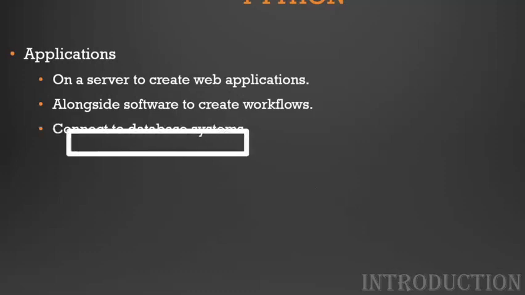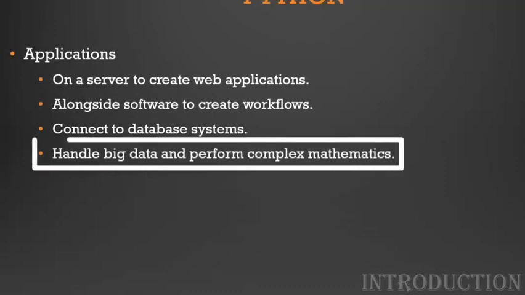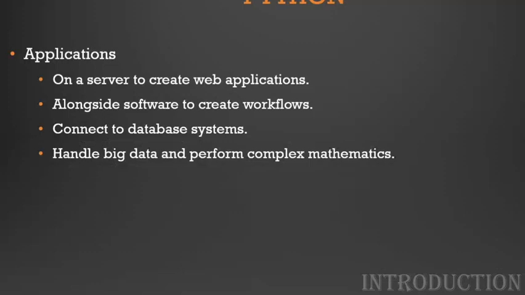Python can be connected to database systems, so it can also read files and modify them, and also create new files and save them there. Again, with respect to databases, it can do that also. Python can handle big data and perform complex mathematics. There are a lot of libraries.